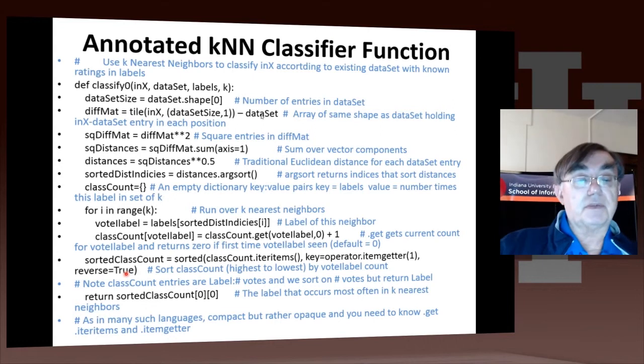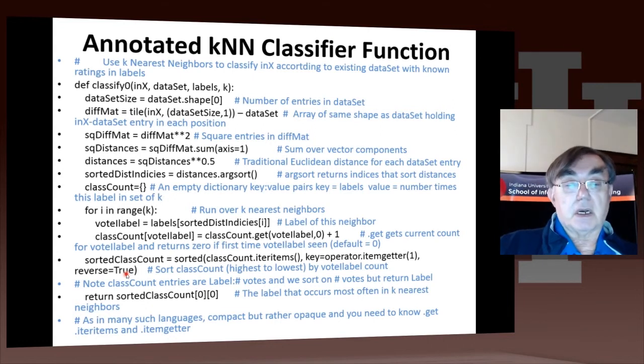So at the end of this, we get a set of dictionary entries which start with the label, which is the key value, and then they are followed by the value. But all we care about is the key value. And the first one is the one we want because it's the one that has the most votes.